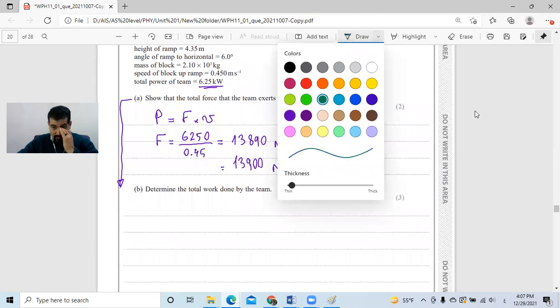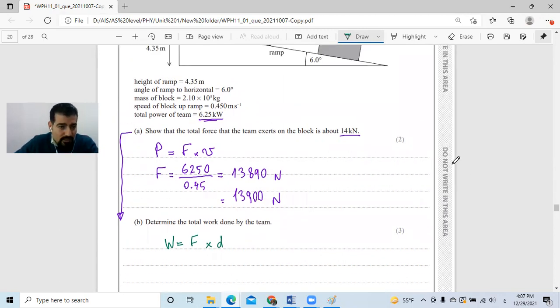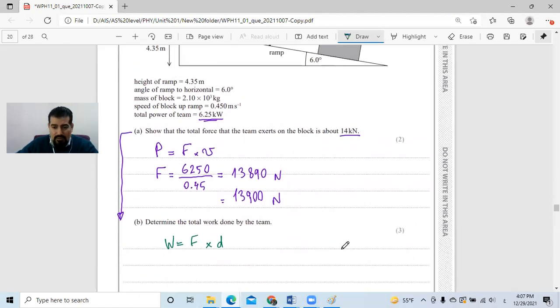Next part, what do they ask here? Determine the total work done by the team. Now we know that work equals the force that we just found multiplied by the length or the distance of the ramp. And how long will the ramp be, if the height is 4.35, how long will the hypotenuse of the ramp be if this angle is 6 degrees?